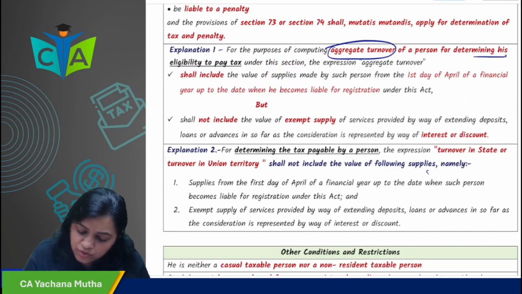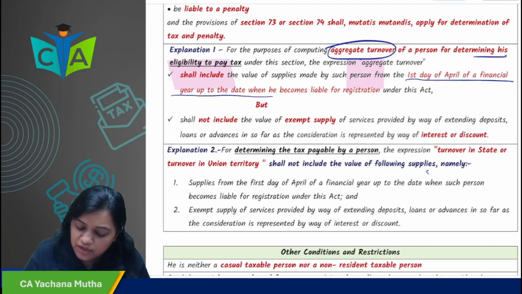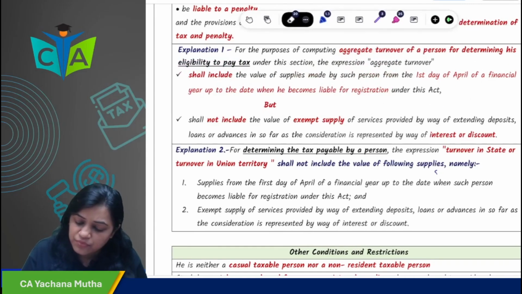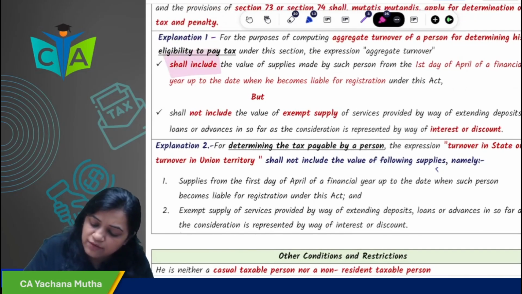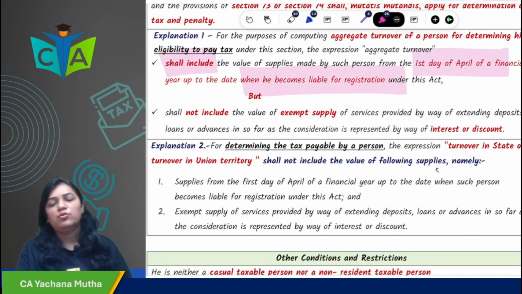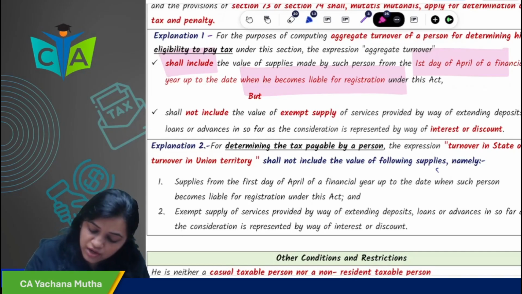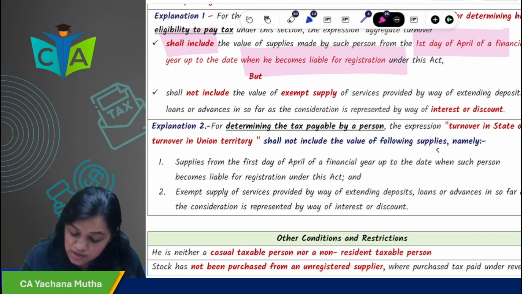It will include value of supply from 1st April till the date you become liable for registration. Is it included in aggregate turnover? Yes. Okay, now we'll see an example which we have also seen in the class.